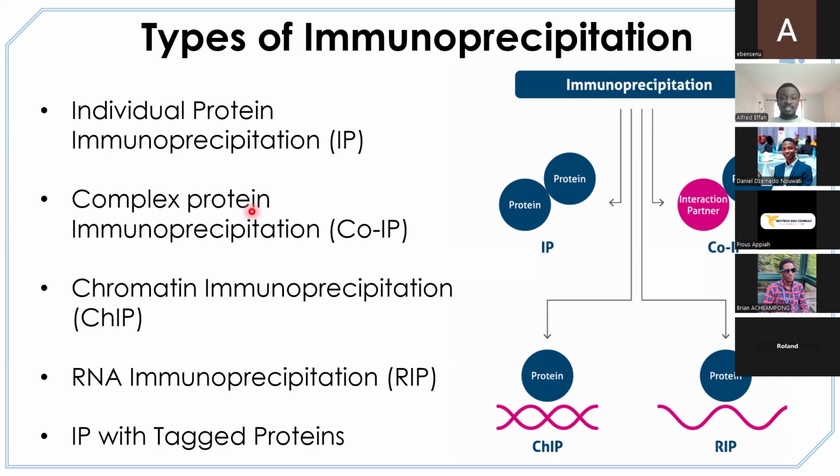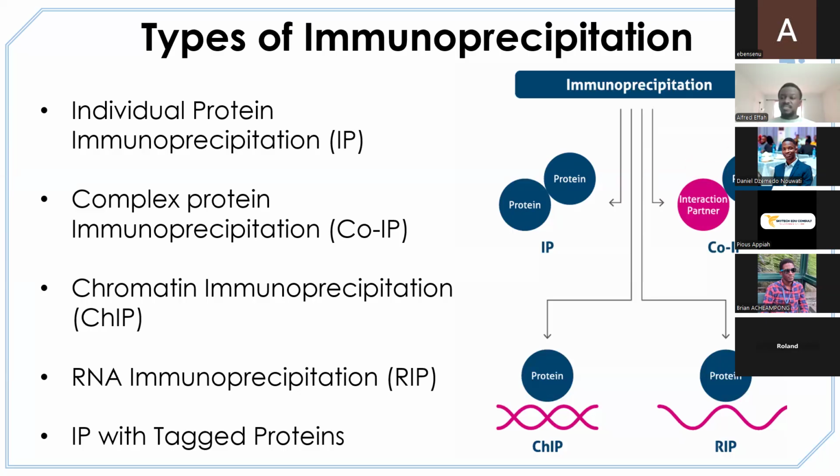Now, co-immunoprecipitation, which is complex protein immunoprecipitation. Here we want to find out if this protein is interacting with this one. So this is our protein A and this is protein X, and we believe that this protein is interacting with the one we have here. What we can do is develop an antibody against this protein.